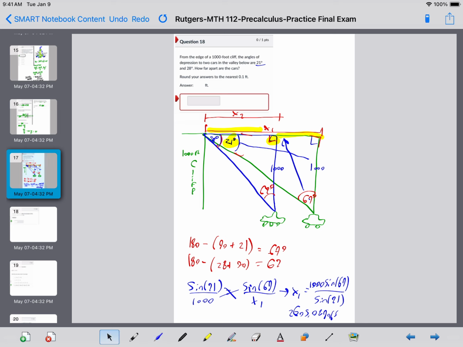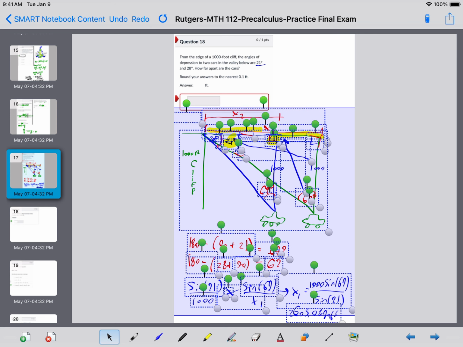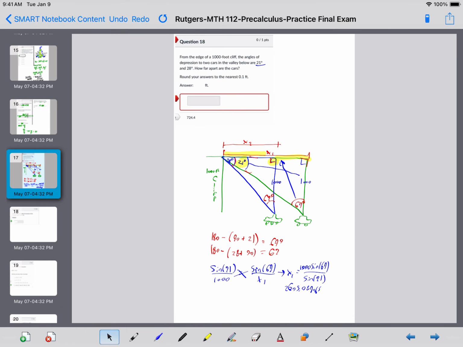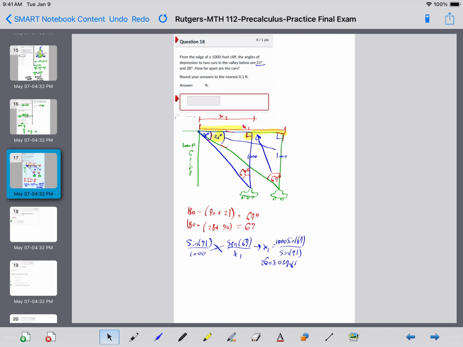So now we're going to do the same thing for the smaller triangle. So sine of 28 over 1,000 equals sine of 62 over x2.